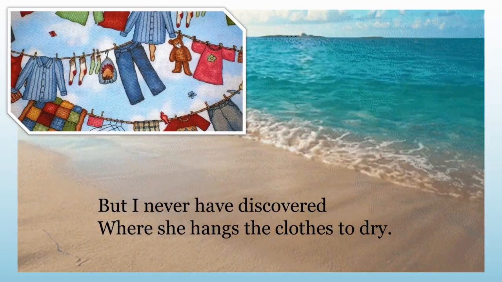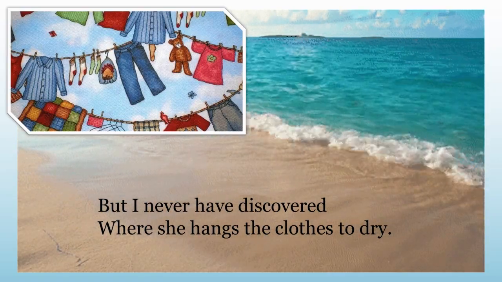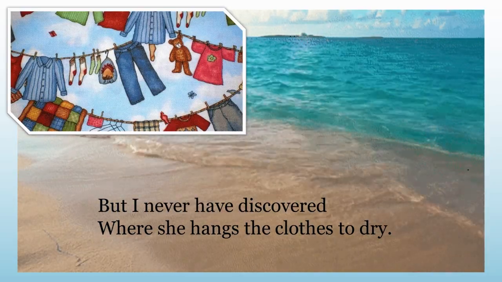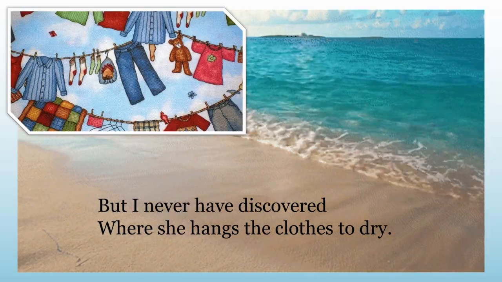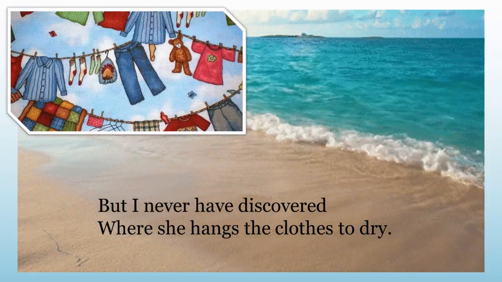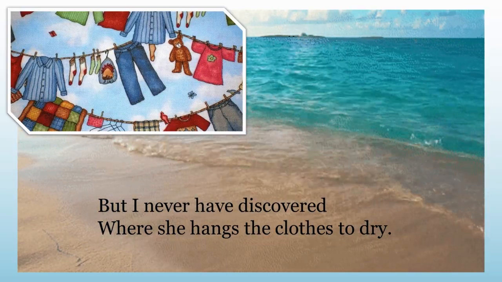Students, is there any pole or tree in the ocean to hang these clothes? No, right? So the poet is having a question that where does this Mrs. Ocean hang her clothes to dry?